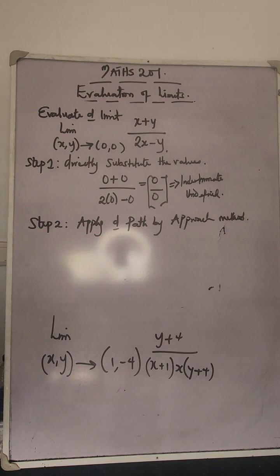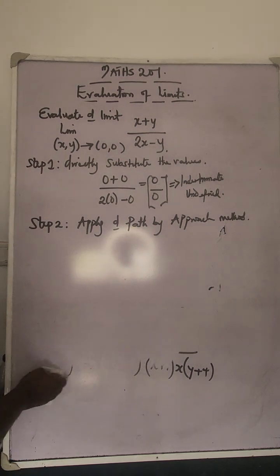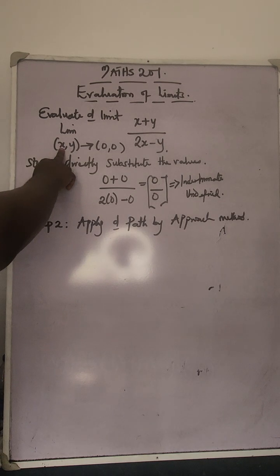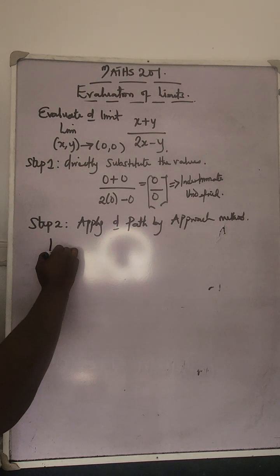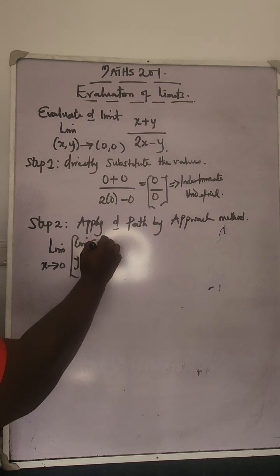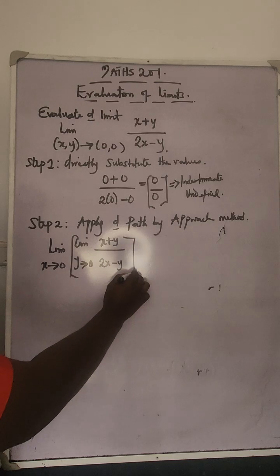And what does the path by approach method say? It says, when you want to test a function, let one of the variables go in first before the next variable. So we are simply saying that the limit as x approaches 0 of the function of the limit as y approaches 0 of (x + y) over (2x - y).